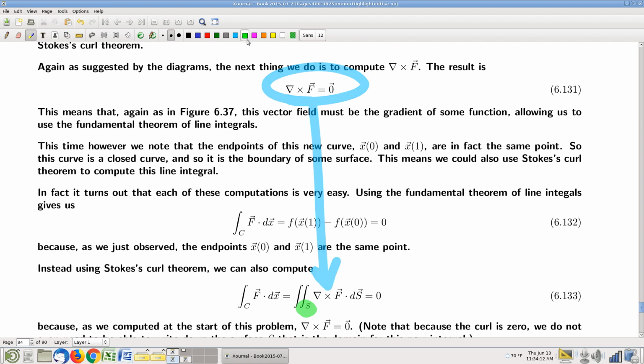And ugly though it may be, this surface does exist. This is not one of those landmine situations where the surface doesn't exist. So I am in fact taking a flux of 0, and I get 0. As of course I certainly better, because we already know the answer is 0.